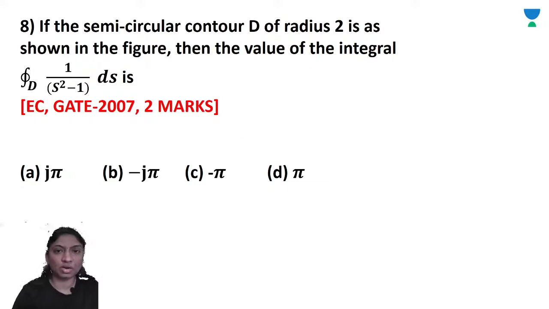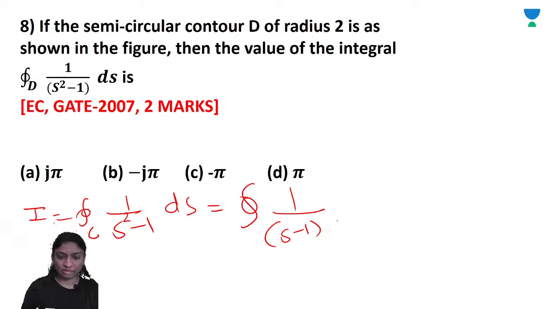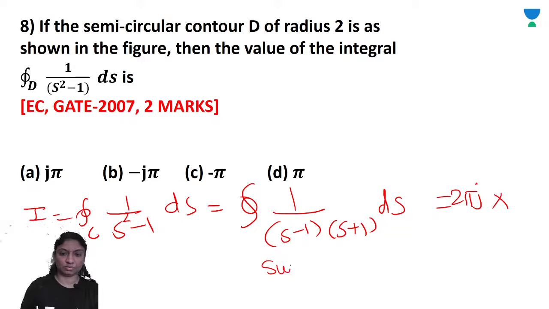Now, if the semicircular contour D of radius 2 is as shown in the figure, then the value of the integral over C of 1 upon s square minus 1 ds is. So the closed integral of 1 upon s minus 1 into s plus 1 ds is equal to 2 pi j into the sum of the residues.